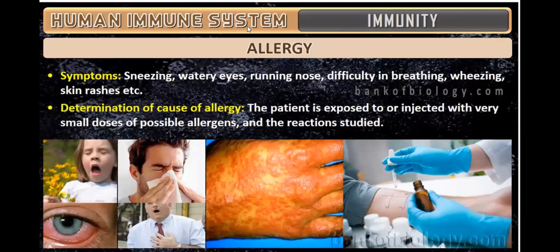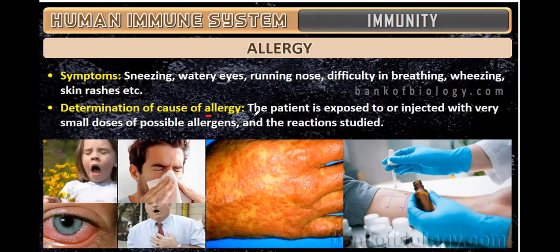What are the symptoms of allergy? Sneezing, watery eyes, running nose, difficulty in breathing, wheezing, skin rashes, and many more. How to determine whether a person is suffering from allergy or not?